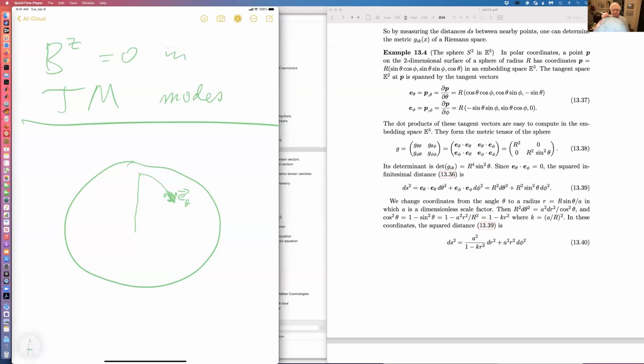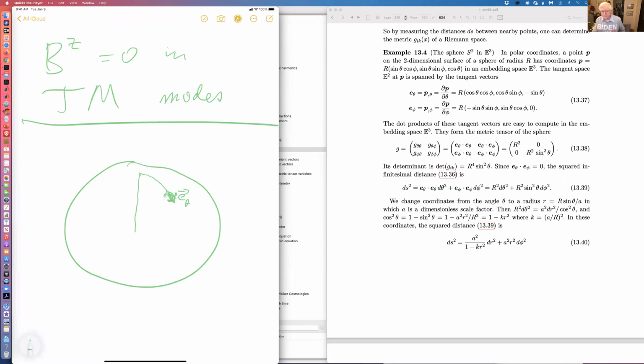So here's our sphere, and the vector E theta is the vector that points in the direction of those lines of longitude. And E phi, on the other hand, is a vector that points in the direction that a point on the sphere goes when you increase phi, so it looks like that. So that's what those vectors are.